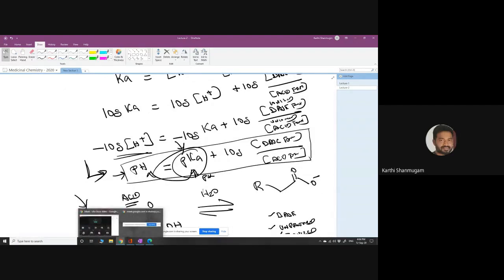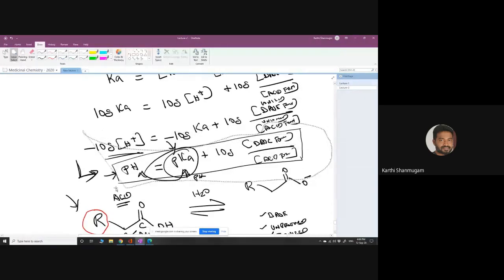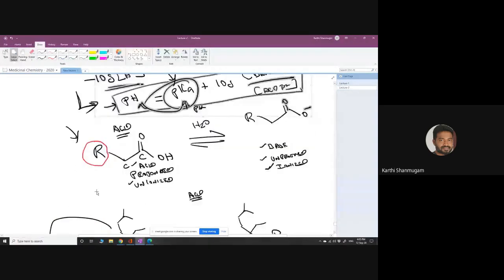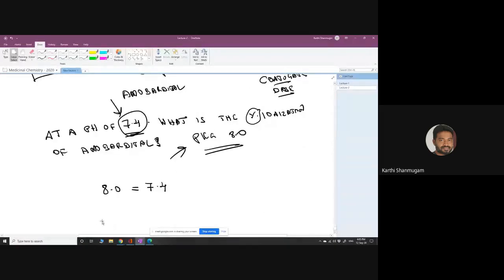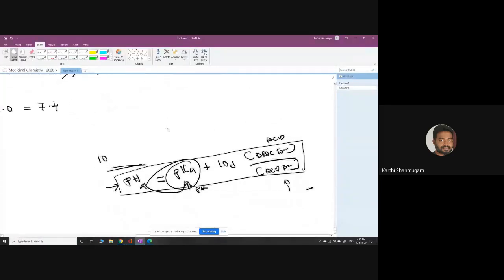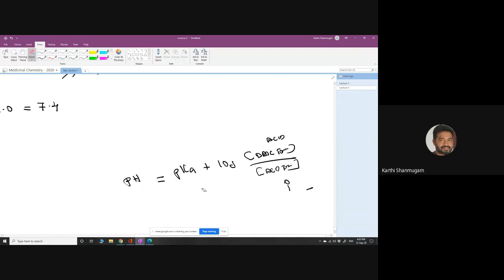Yes, sir. So can we rewrite this equation as I need pKa on the left hand side? How to rewrite this equation, Shashank?